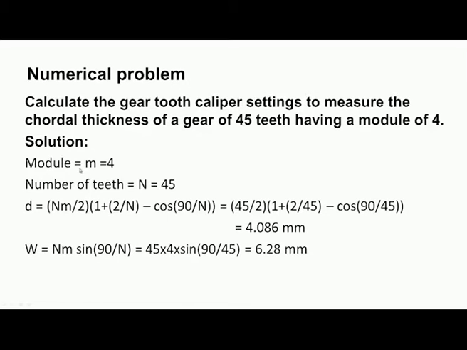So, the data given is module m equal to 4 and number of teeth N equal to 45. We have to calculate the gear tooth caliper setting. That means, what is the depth?